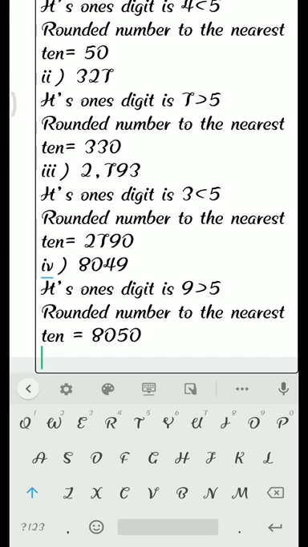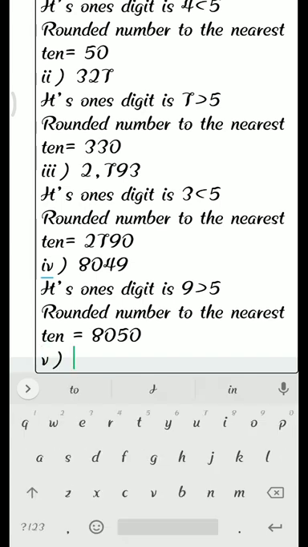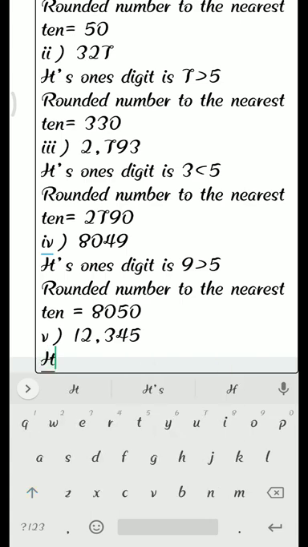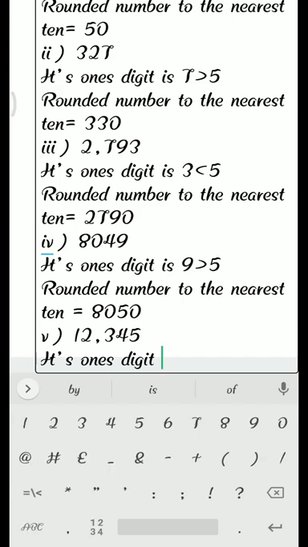Let's try one more over here. We have 12,345. Let's check its ones place, which is 5. It's 5 or more than 5. So what do we do? If it's 5 or more than 5, then we need to add 1 in the 10th place.